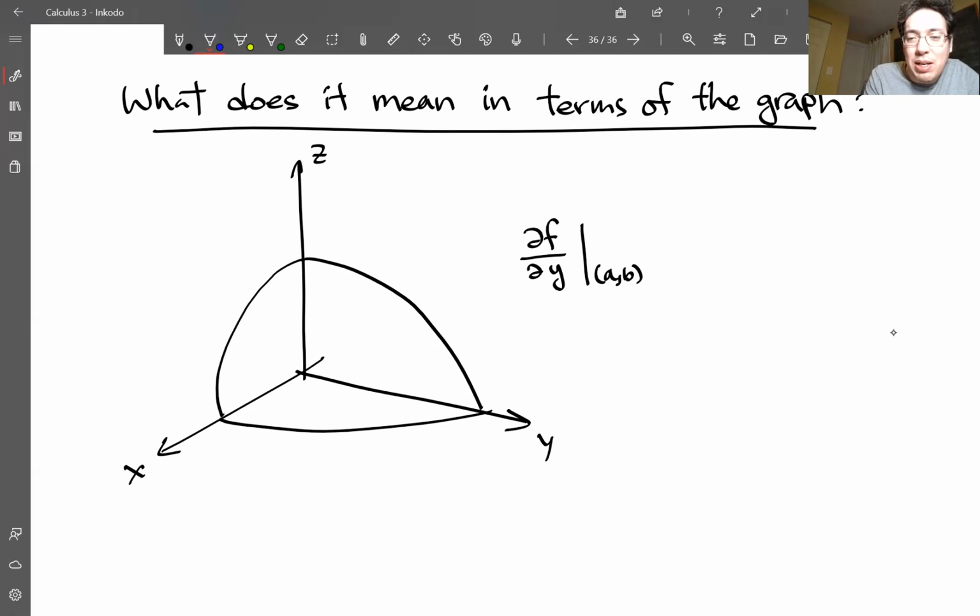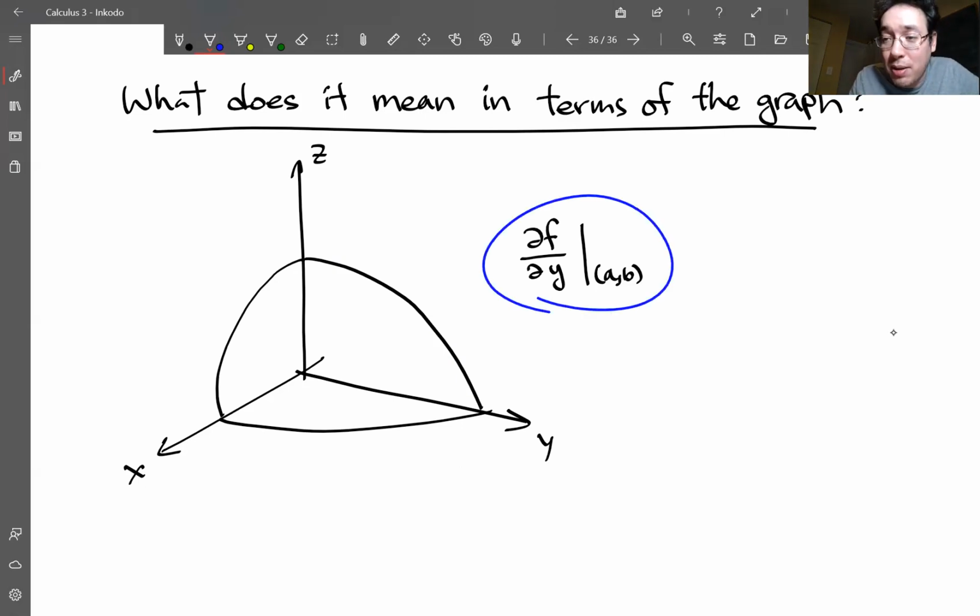So let's say I want to look at the derivative of f with respect to y variable, looking at the point AB. So let's say this is A, and the y coordinate is B. So AB, this is the point in the domain of the function itself. The actual point on the graph is going up until you hit the surface of the graph.